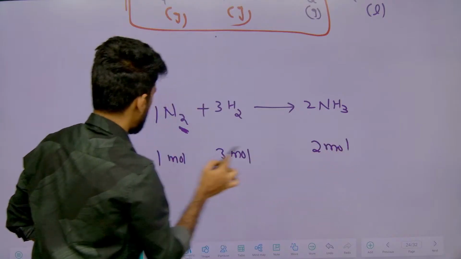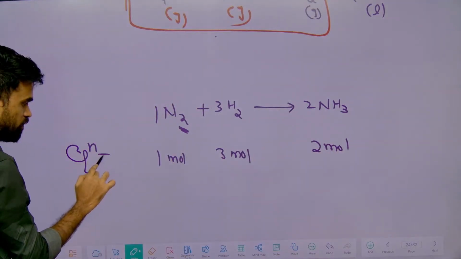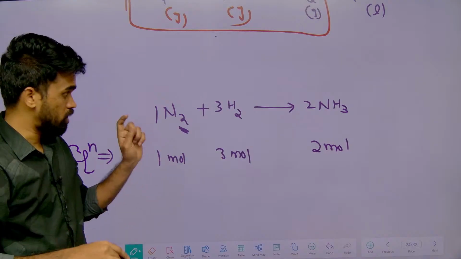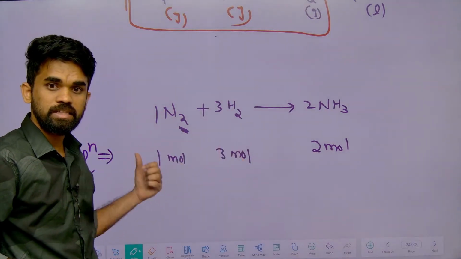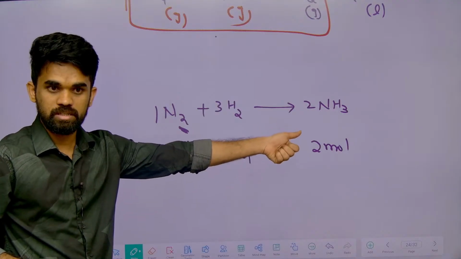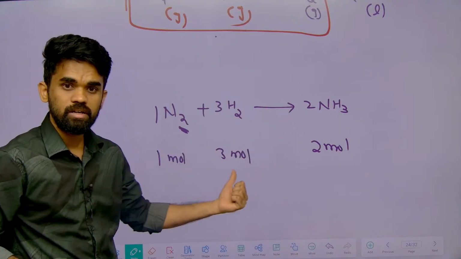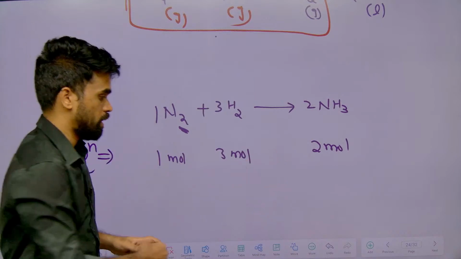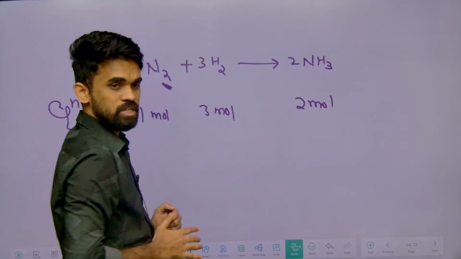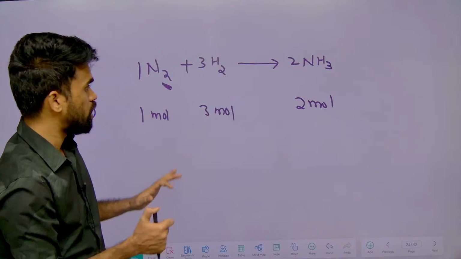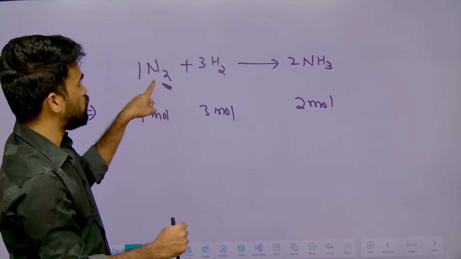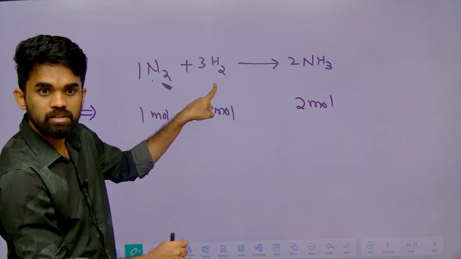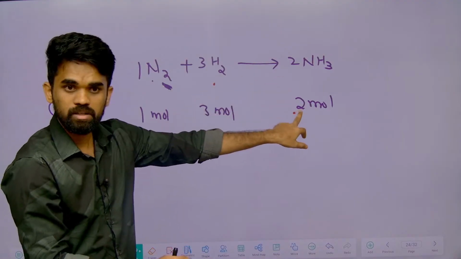So this is as per the equation. First of all, every time write the equation. In order to do these stoichiometric calculations, you need to write the equation and take the balanced coefficients. After balancing the equation, take the coefficients. Now what is the use of these coefficients? Theoretically, for every 1 mole of N2, how many moles of H2 are required? 3 moles. Forms 2 moles.